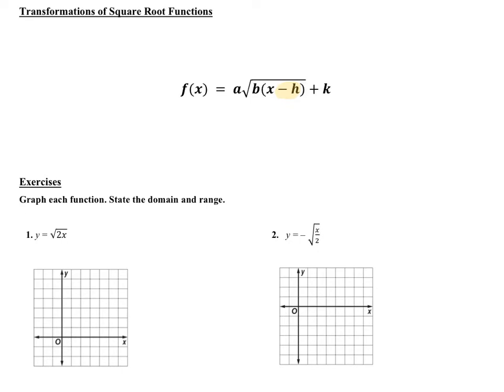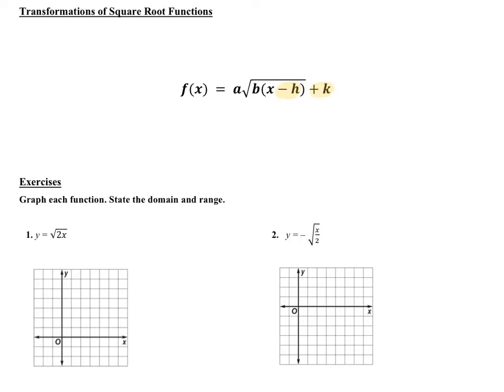If you see subtraction, it'll move it to the right. And if you see addition, that'll shift it to the left. Those are called translations. And then the k value is also a translation. That shifts the graph up or down. Addition is up, subtraction is down.